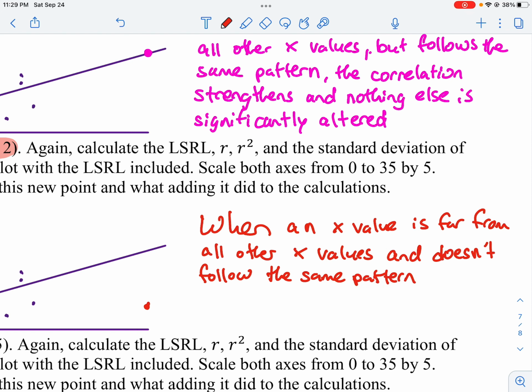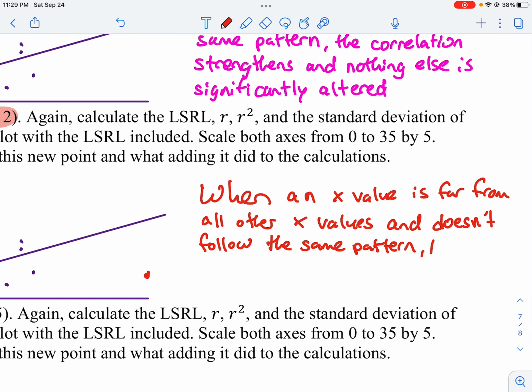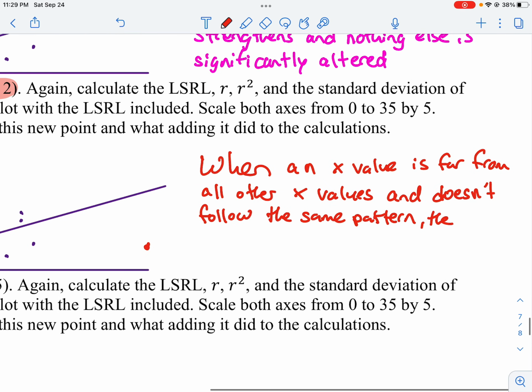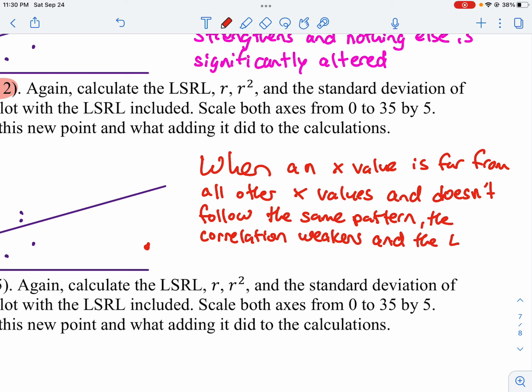Okay, so that's what we have here. It doesn't follow the same pattern. The correlation weakens. And the least squares regression line alters to reach the new, or I guess I'll say the extreme point.